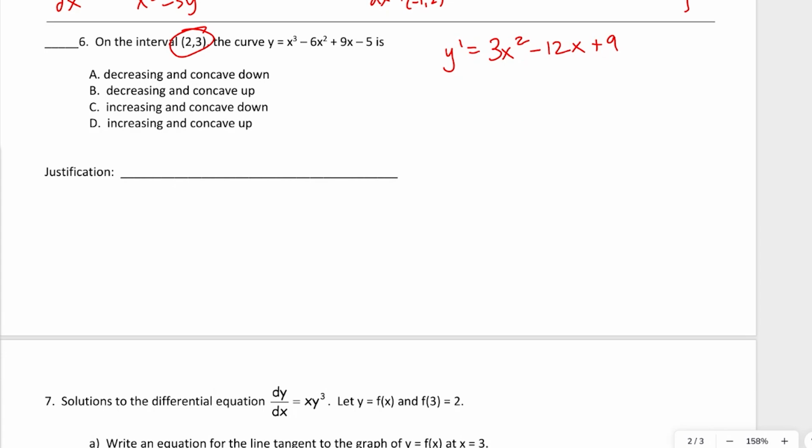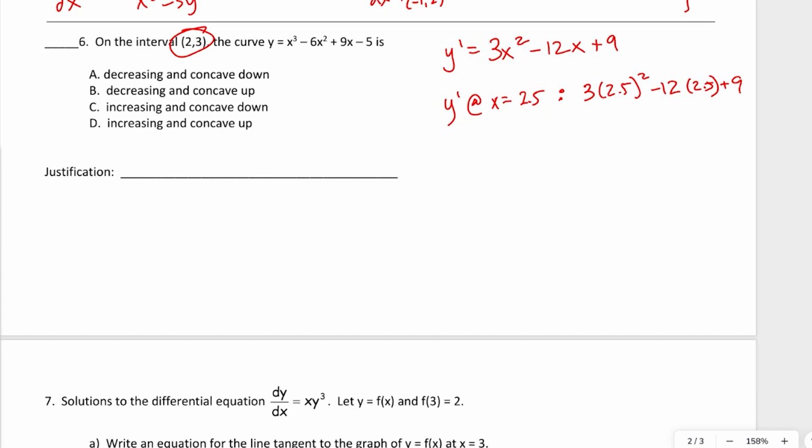So y prime at x equals, let's say, 2.5 will be 3 times 2.5 squared minus 12 times 2.5 plus 9. Now, I don't really care exactly what this equals. I just care if it's positive or negative. So we might have to simplify this a little bit. 2.5 squared is 2.5 times itself.